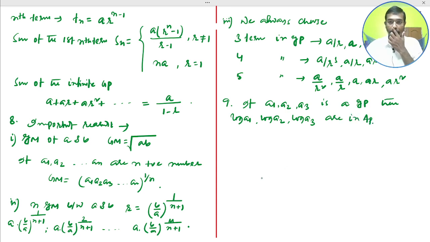This is a very important result. Suppose the terms are in GP, then the log of them would be in AP, arithmetic progression.